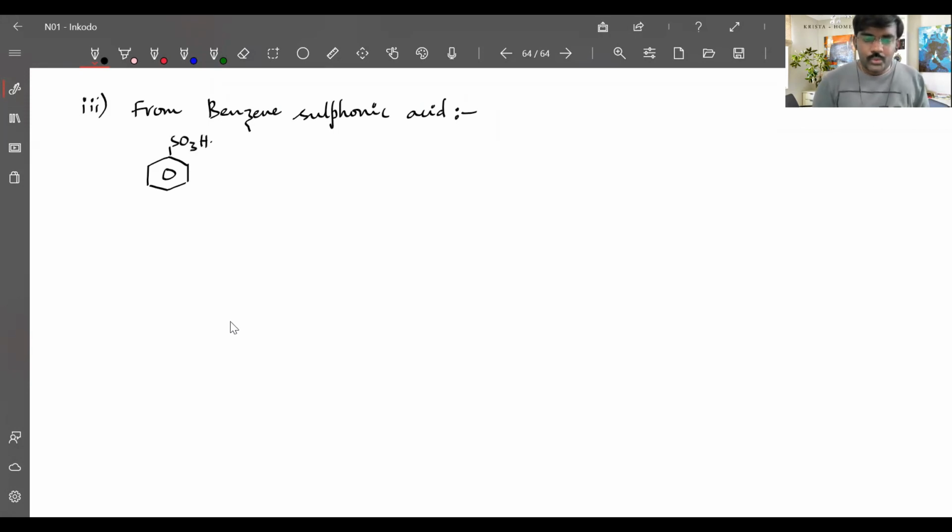What we need to do with benzene sulfonic acid is simply heat it with dilute HCl, around 150 to 200 degrees Celsius. Then it will convert into benzene, and that SO3H will come out as sulfuric acid because I'm heating it with water.